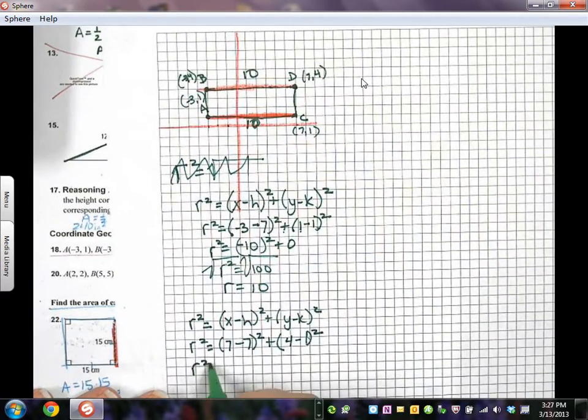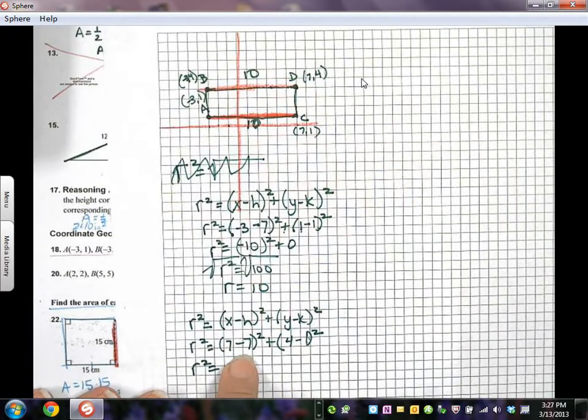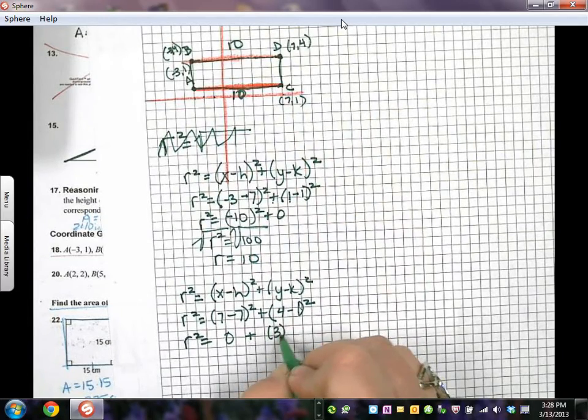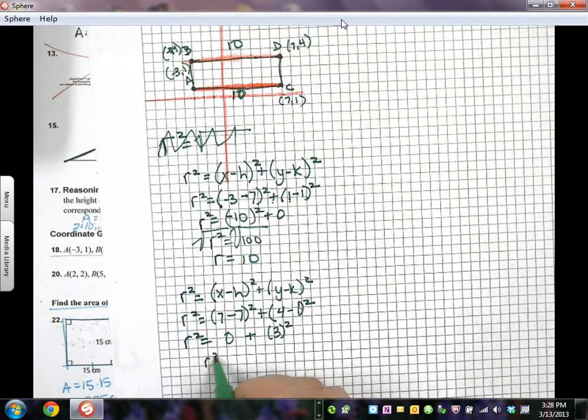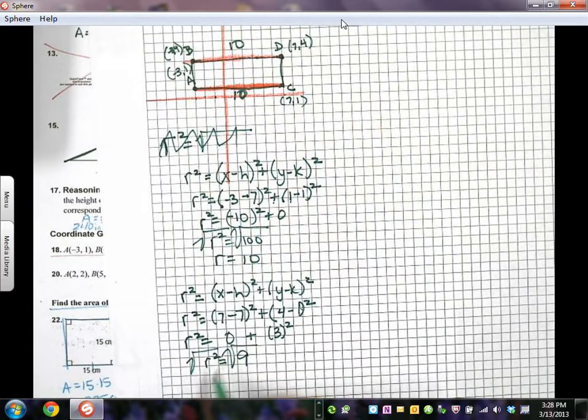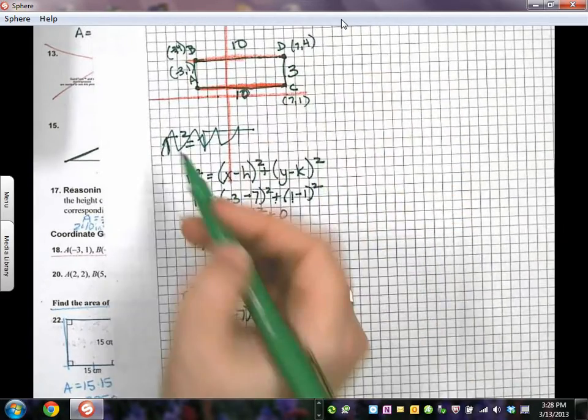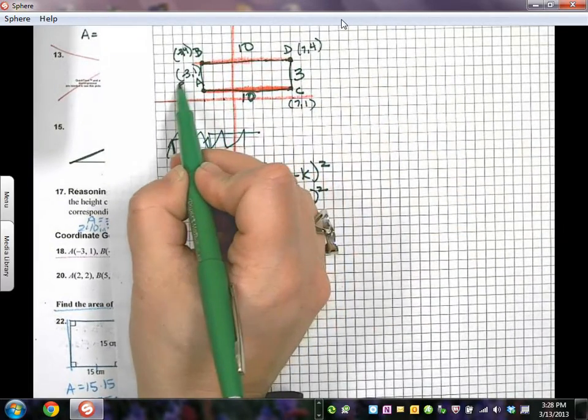So r squared equals 7 minus 7 is 0, 0 squared is 0. So I have 0 plus 4 minus 1, which is 3. So I know r squared equals 9. Take the square root of both sides. R equals 3. So I know this length is 3. And when I look, I can count and see this is 3 as well.